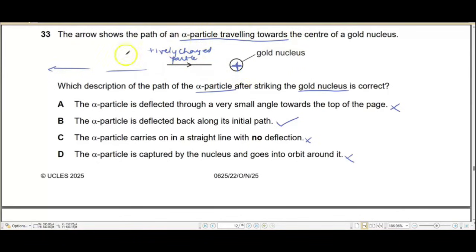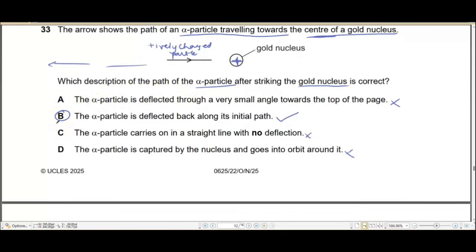Look at the words now: it is going towards the center of the gold nucleus, directed exactly towards the center. The repulsive force is maximized, causing the particle to be deflected backwards along its original path. So B is going to be our correct option.